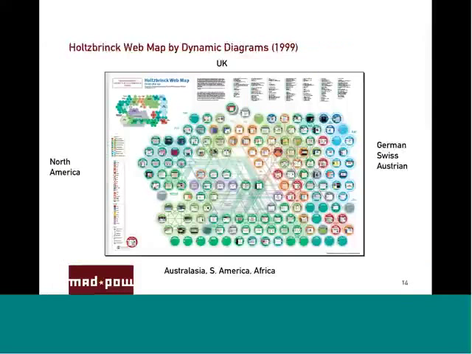This is an example of some work that we did at Dynamic Diagrams in '99. We were presented with the problem of creating a map of all of the websites run by the Holtzbrink Publishing Organization.